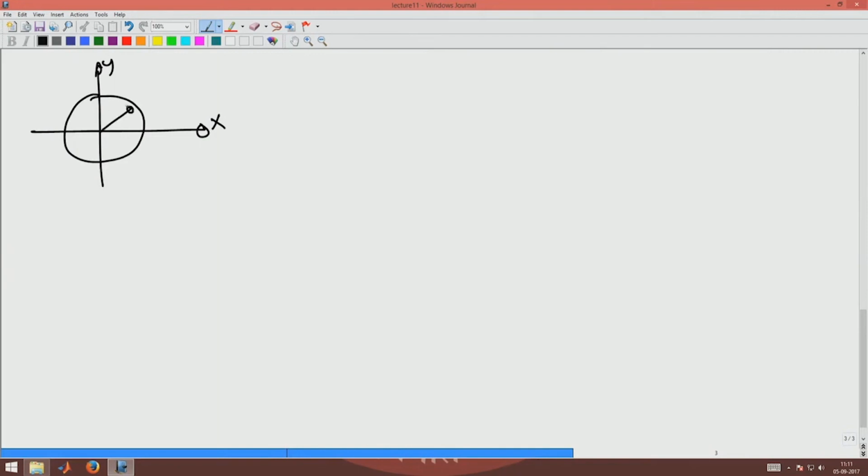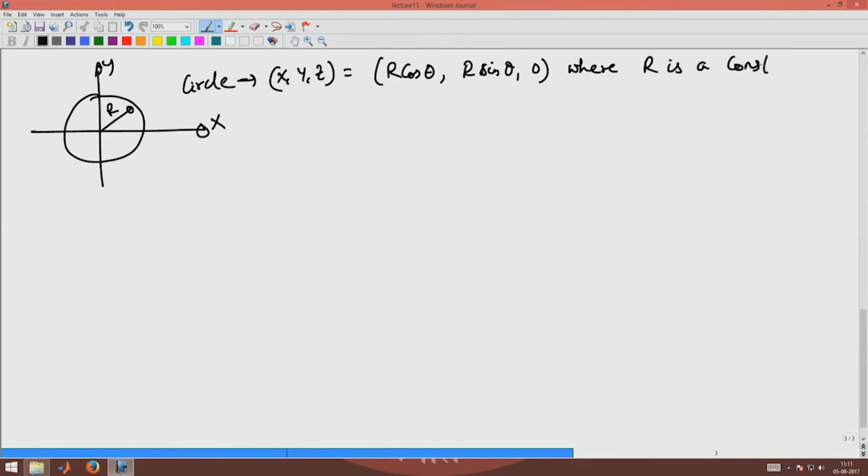I have a circle of radius r, then I will write the x, y, z coordinates for this circle as r cos theta, r sin theta, comma 0, where r is a constant and theta varies between 0 and 2 pi.